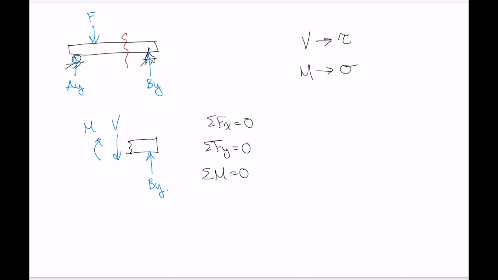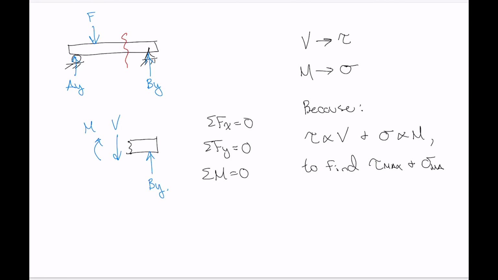Okay, so let me just write some notes about what I just said there. So we said because the shear stress is proportional to the internal shear force, and the normal stress, as we'll see, is proportional to internal moment, to find or calculate tau max and sigma max, we need V max and M max, right?